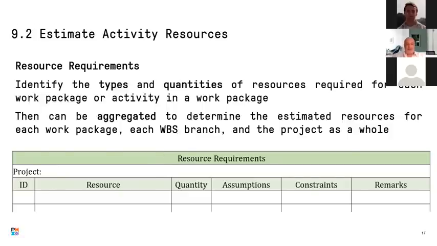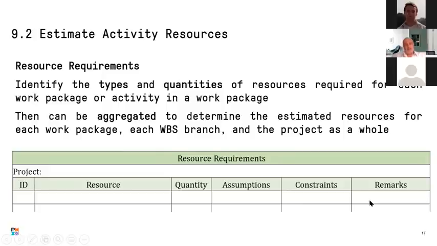Even PMI have issued a book with some nice forms that you can utilize. It's very simple. It's talking only about what the resource is and how many of this resource. So if I need architects, I need, let's say, 2, with the assumption that I will need them only 50% of their time. Constraint: this type of architect I can only get virtually, and any remarks that I have.